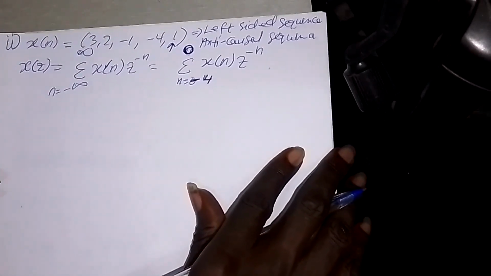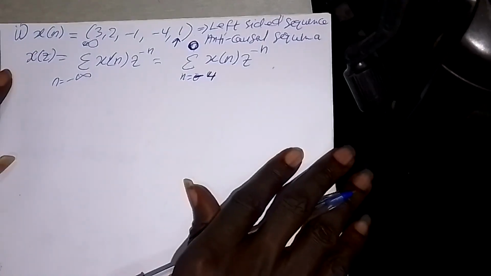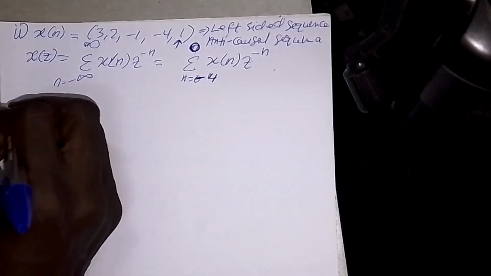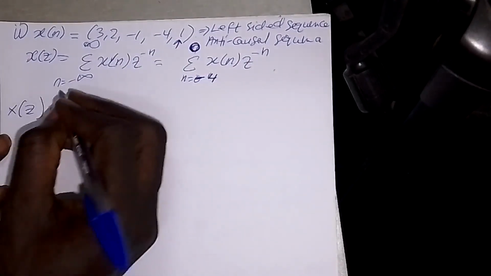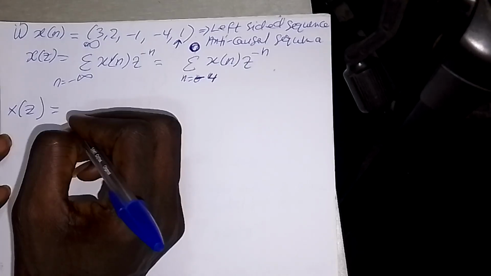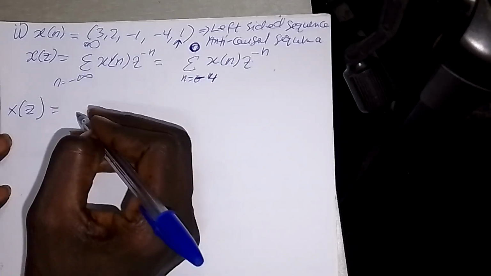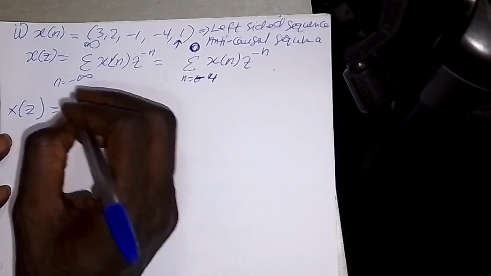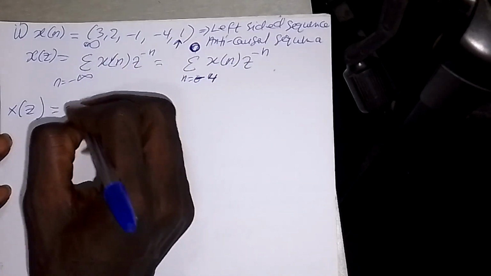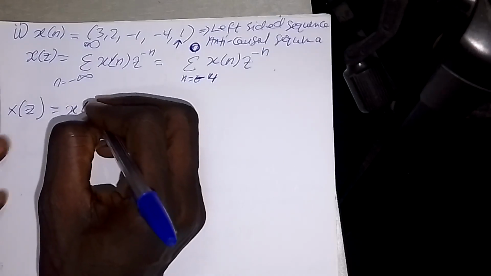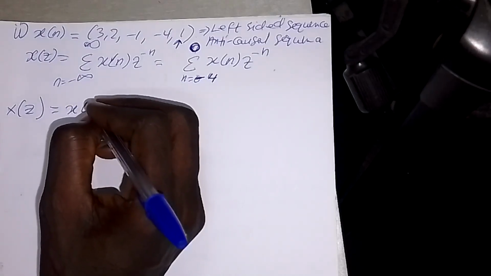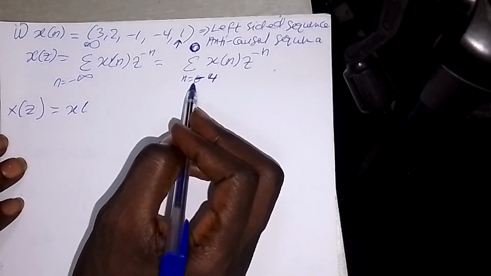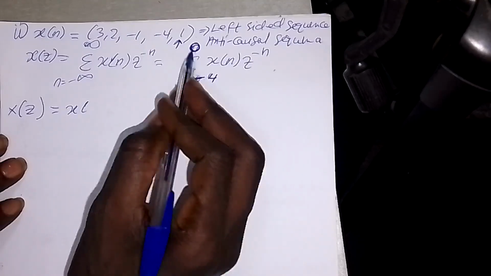And then after you have dealt with this one in this way, we can now find our Z transform. So our Z transform is going to be x of 0, or we can start from this place and come here, because if you check our equations, n goes from minus 4 to 0.